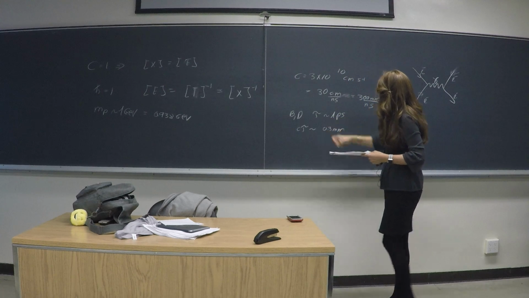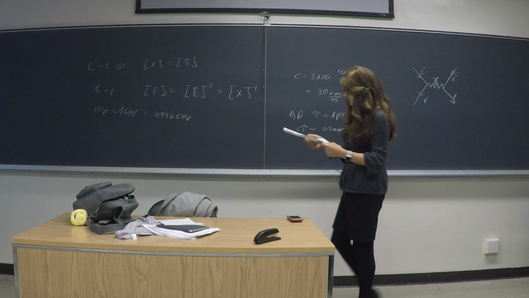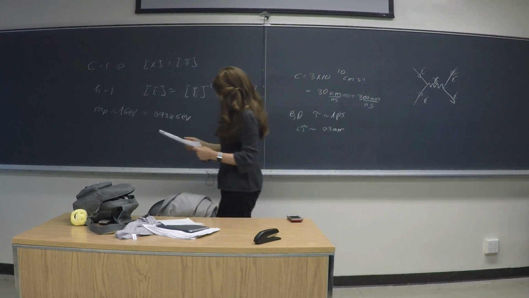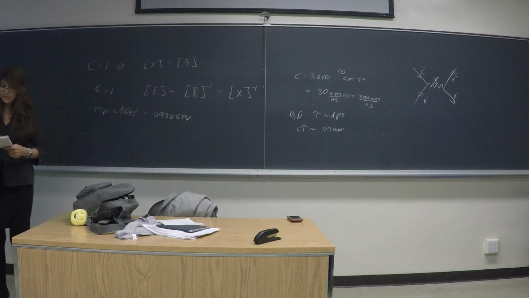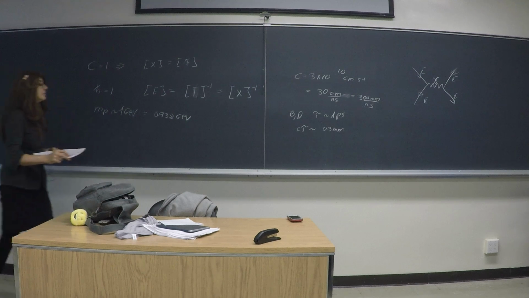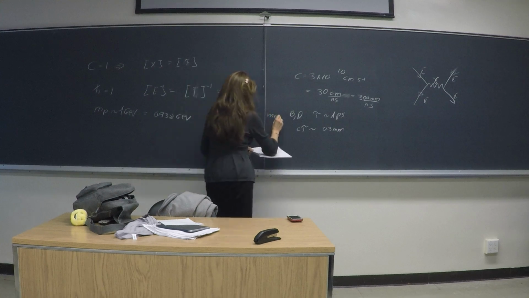So you know how much it's traveling in its own rest frame. It's a very approximate flight distance before decay, assuming B and D mesons.